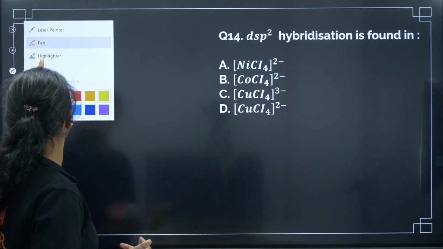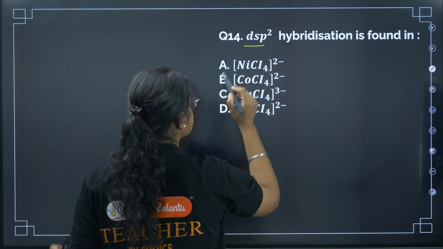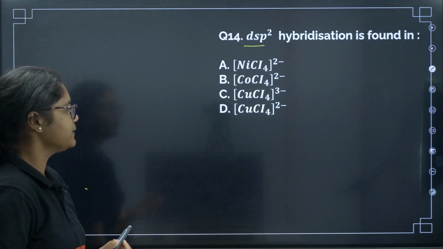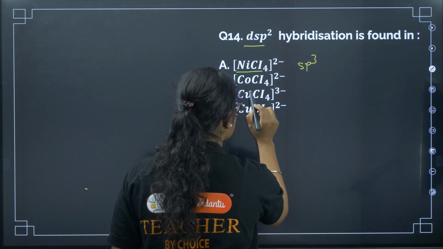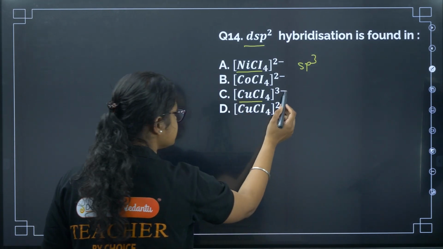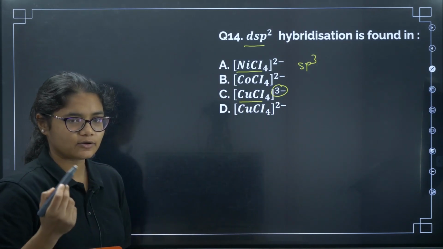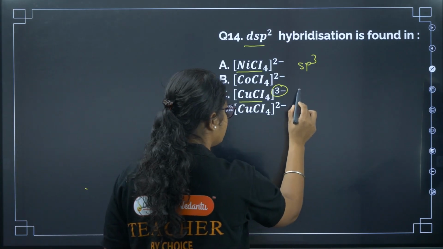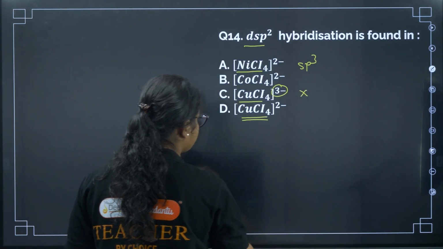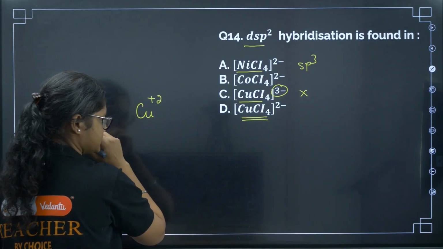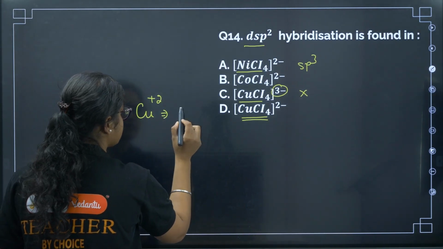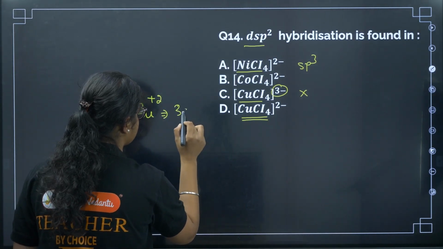So here, dsp2 hybridization is found in which of the compounds? NiCl4 we already know is sp3. Now if you see [CuCl4]3-, copper in plus 3 oxidation state generally we don't get, so we can eliminate this option. We can check with [CuCl4]2-. Now Cu is in plus 2 oxidation state, which means its electronic configuration is 3d9.